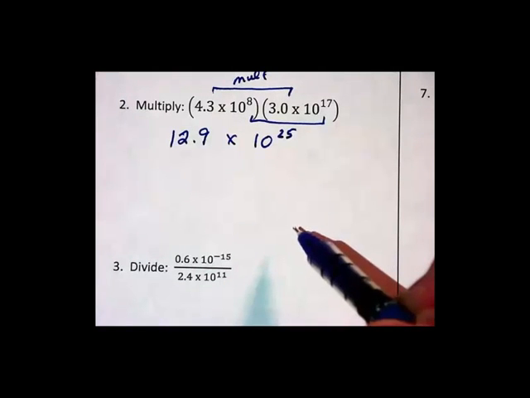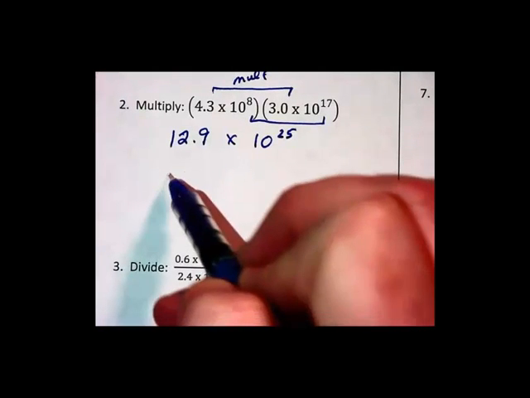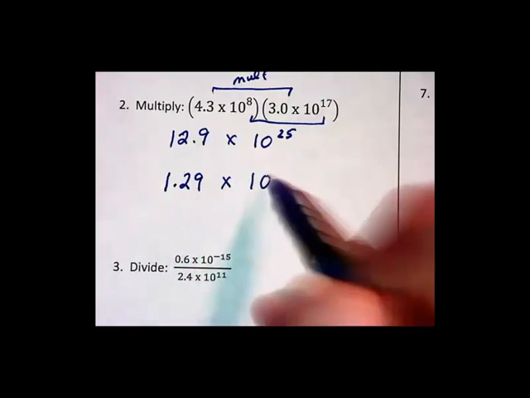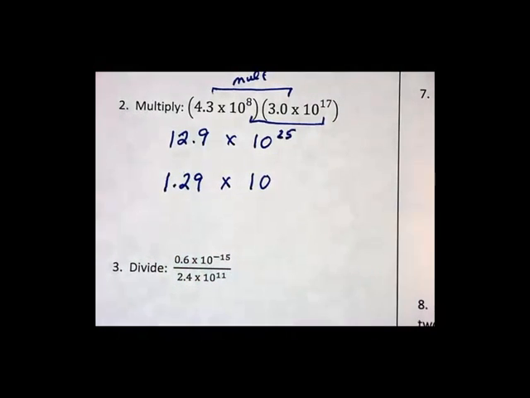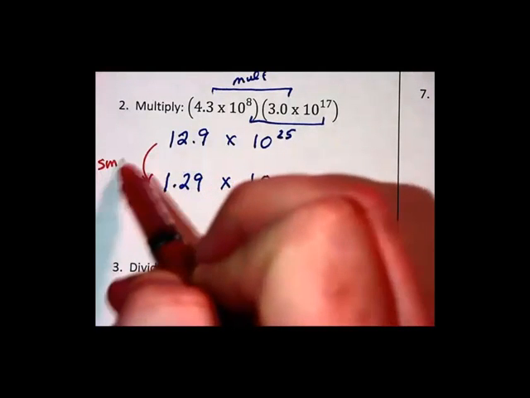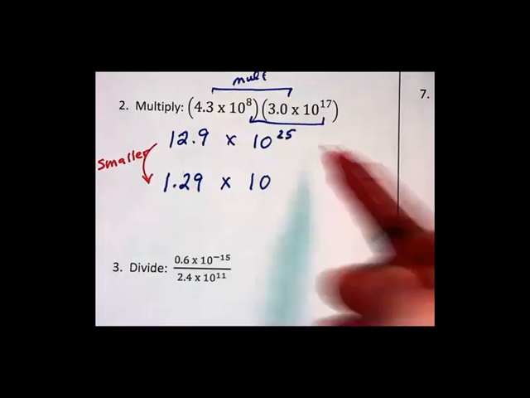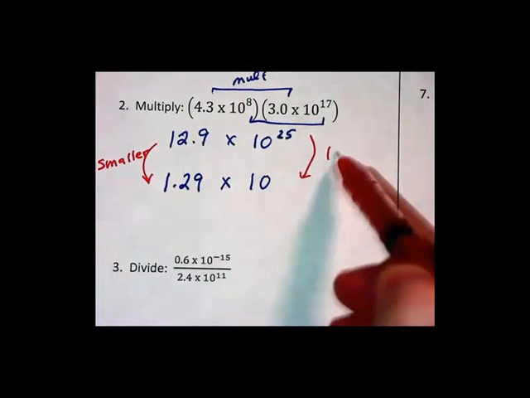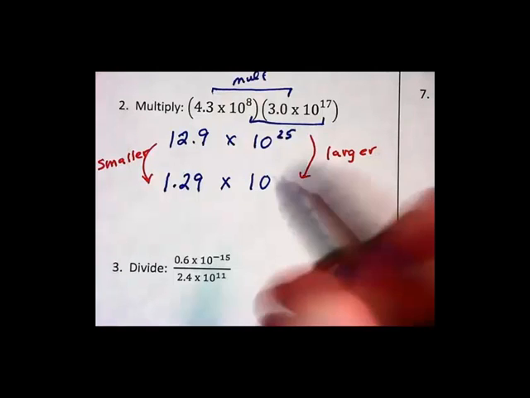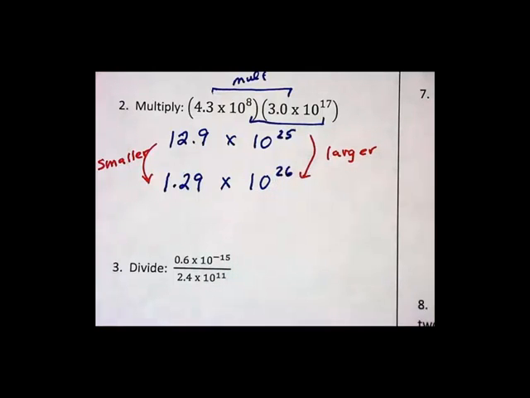Now that can't be our answer because we're only allowed to have one digit to the left of our decimal, and so we've got to change that 12.9 into 1.29. The number out front is going to be getting smaller. We're dividing by 10, so we're going to multiply another 10 into this, and it's going to get larger, and the 25 is going to turn into a 26.